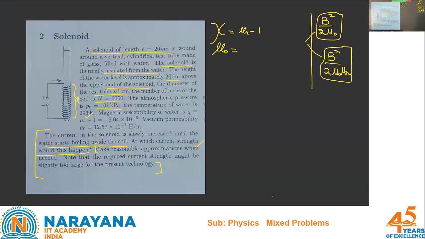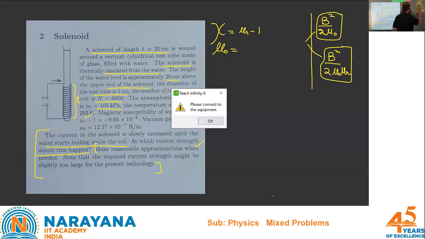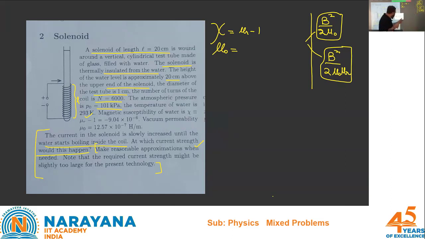Now the point is, because you have filled up liquid at some place, the energy per unit volume changes. One more thing. How come I am thinking in terms of magnetic energy per unit volume? If you look into all the forms of energy, basically I'm thinking in terms of Bernoulli's between two distinct points in boiling water.